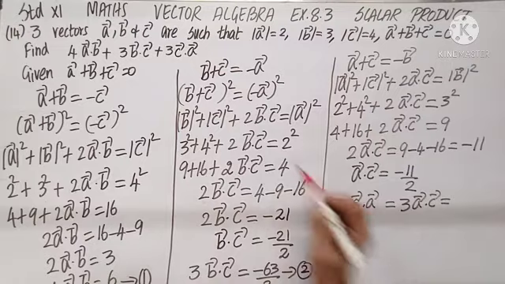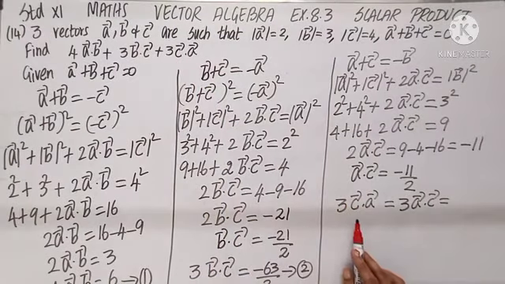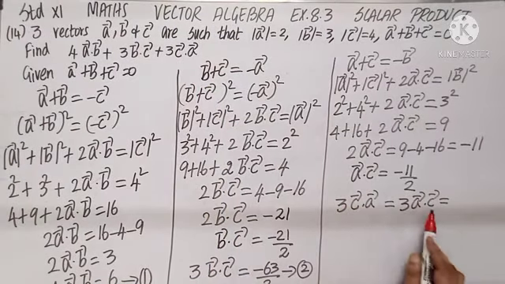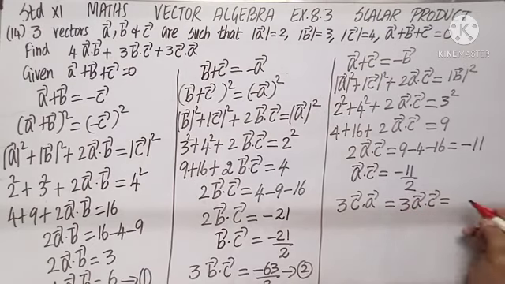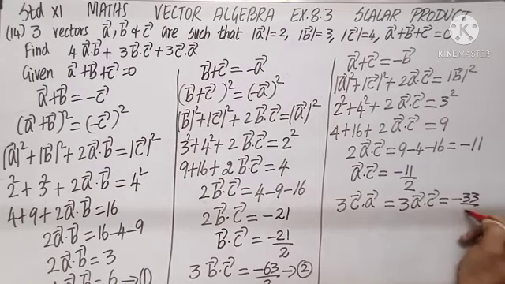As I want 3 C dot A, C dot A and A dot C are equal. So I can just substitute 3 into minus 11 is minus 33 by 2. Call it as number 3.